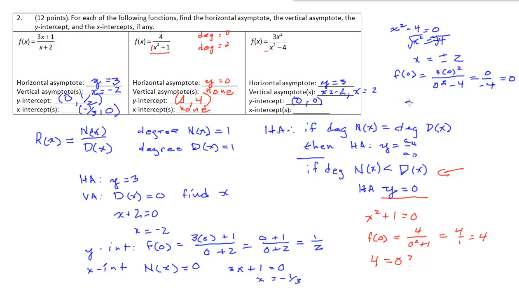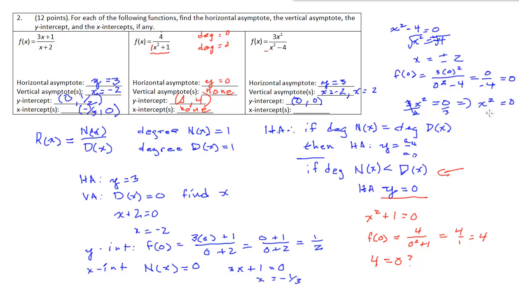And we just say, well, the whole thing is going to be 0 when 3x squared is equal to 0. Well, if I divide both sides by 3, I get x squared equals 0.